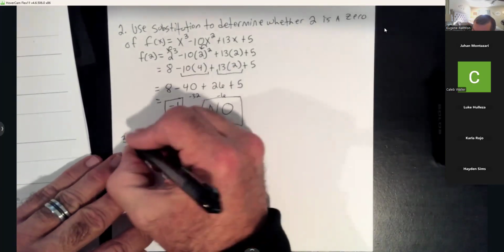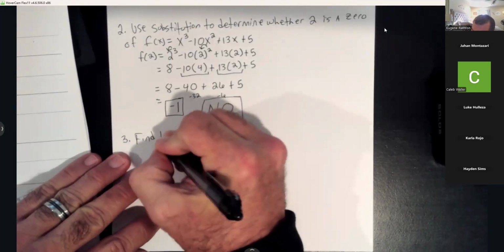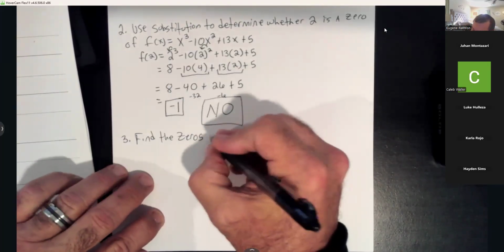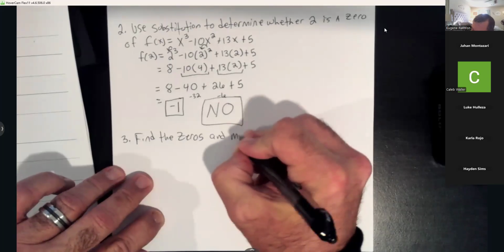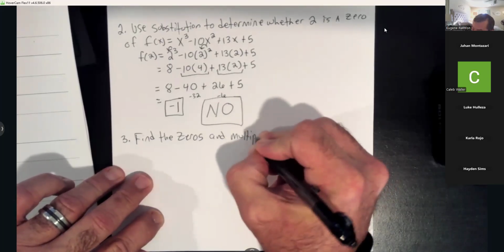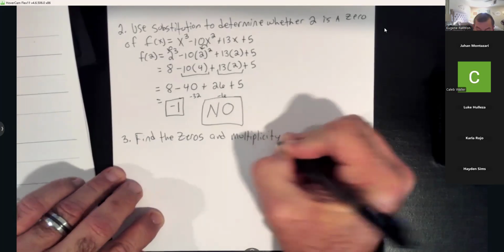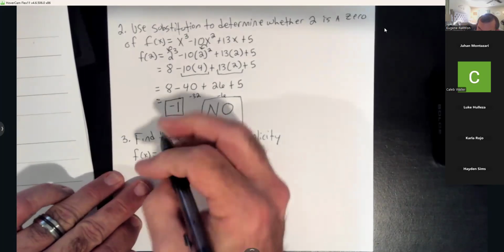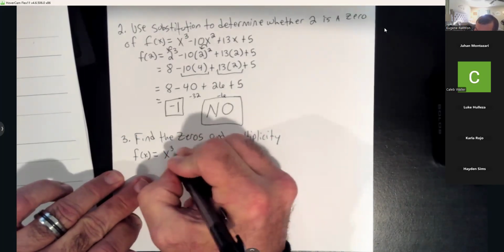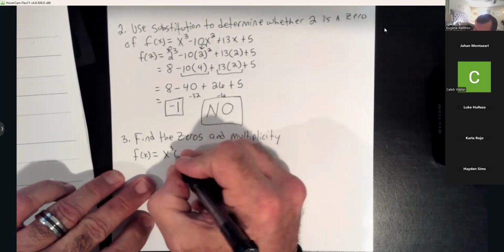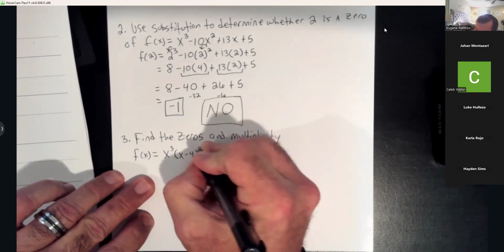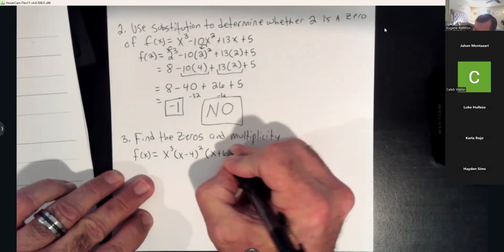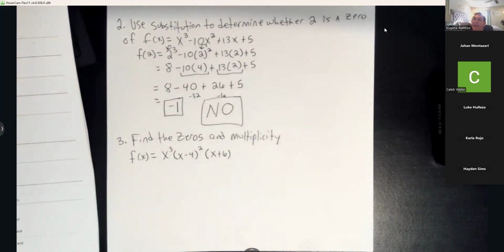So the third one wants me to find the zeros and multiplicity. So they're giving me f of x equals x to the third times x minus 4 squared times x plus 6. All right, y'all.